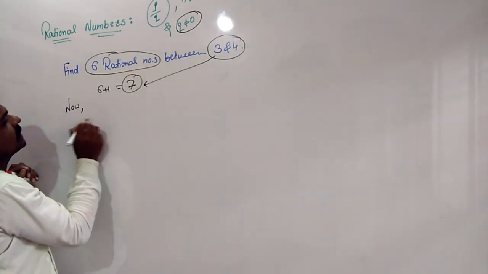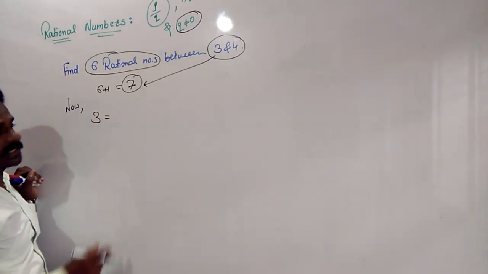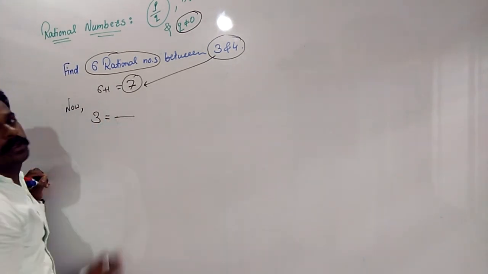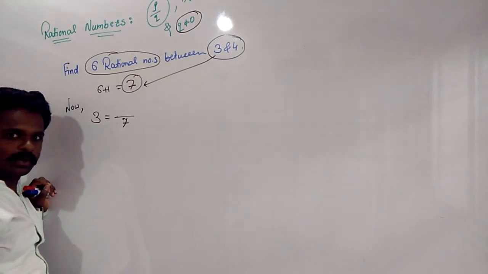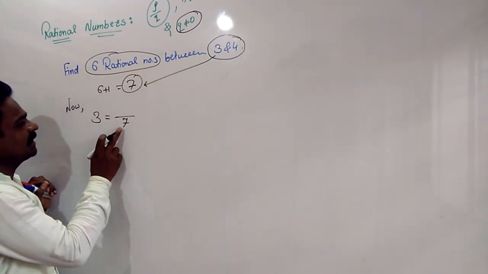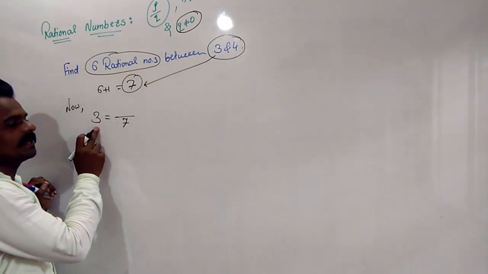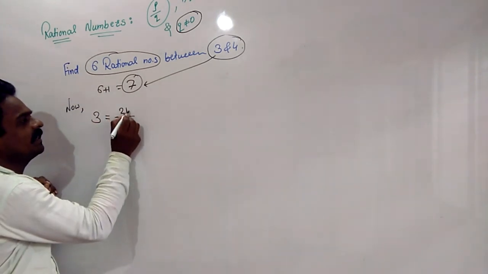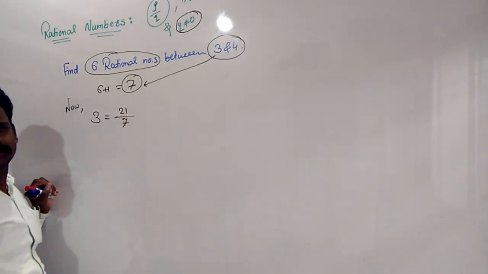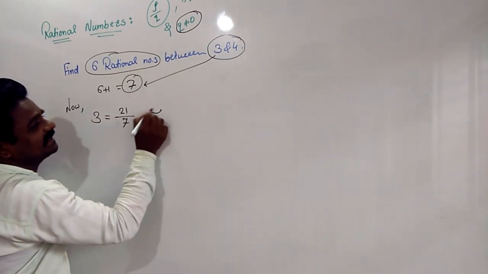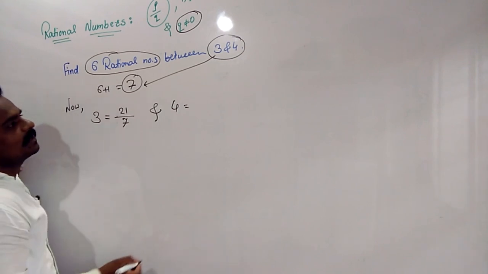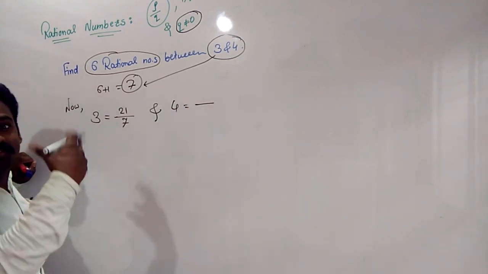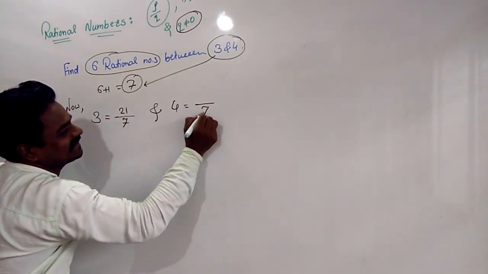Now 3 is equal to, how can we express this 3 as a number whose denominator is 7? I told you in the last lecture, just multiply this 7 by 3. 7 3s are 21. So 21 divided by 7, the answer will be 3 only. And the second one is 4. Okay, no problem. We have to express it as a number whose denominator is 7.